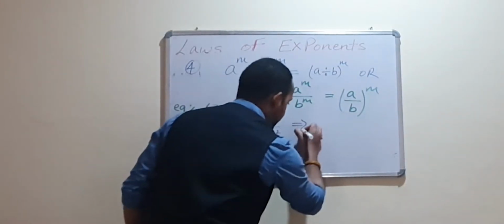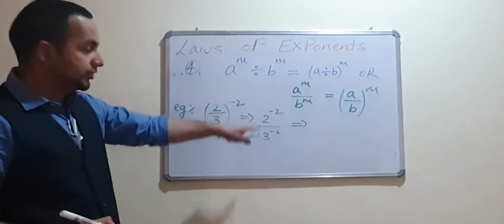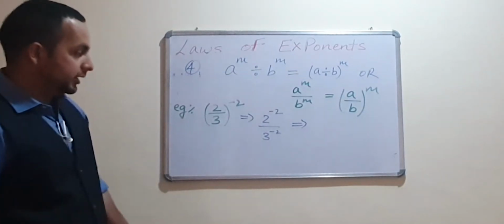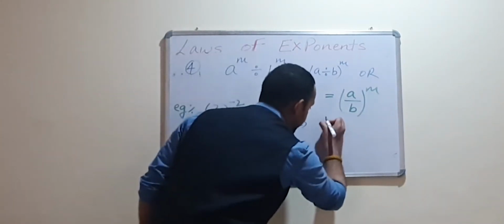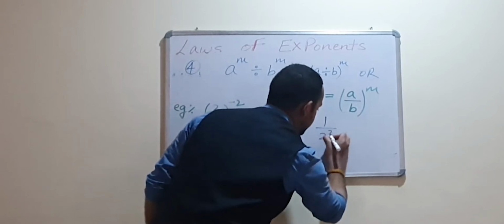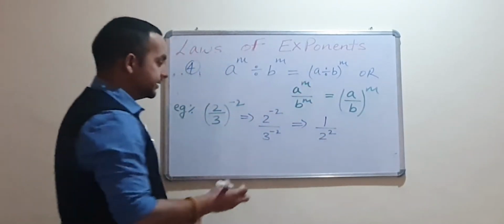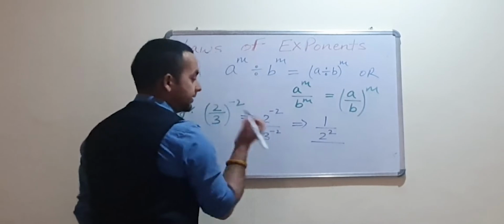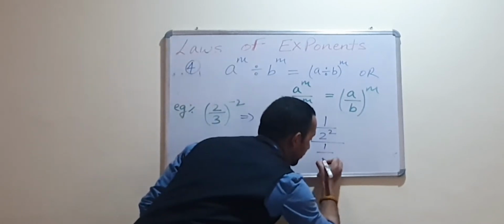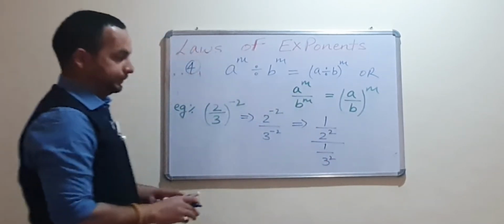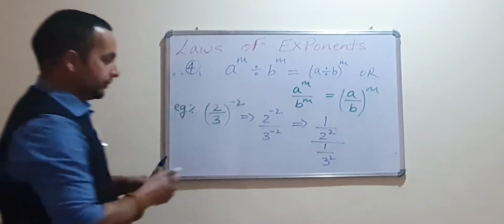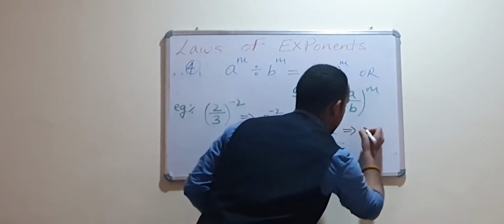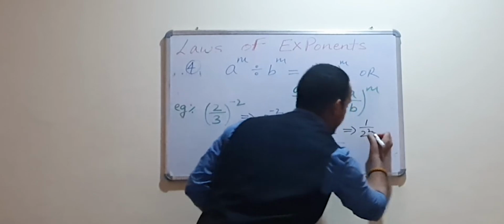Now by using the formula again we are going to interchange this into a positive exponent, which means the first number will become 1 upon 2 raised to the power 2 and divided by the second number, which will become 1 upon 3 raised to the power 2. Or you can write it as 1 upon 2 square.